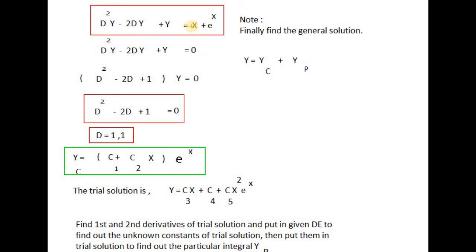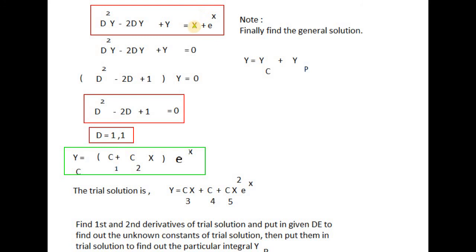This x is a linear function. Whenever we have a linear function in function q, which is our forcing function, it is part of our forcing function. It is linear, and we have to generalize.